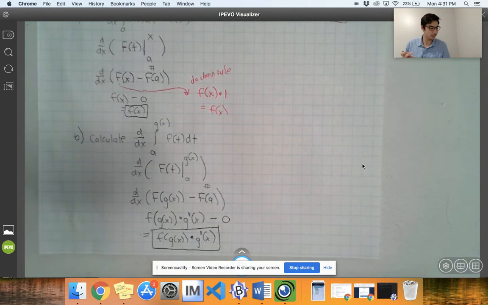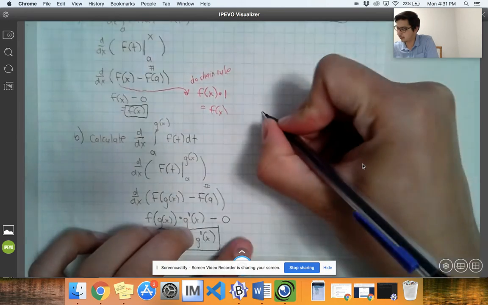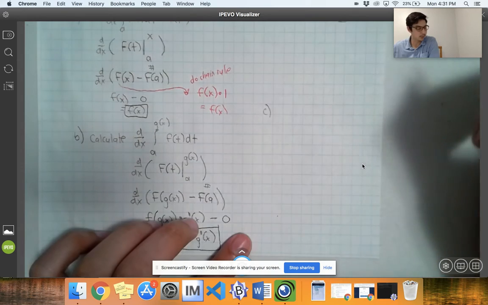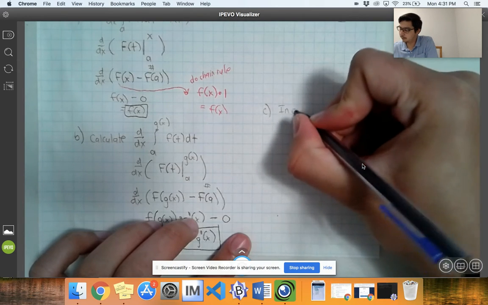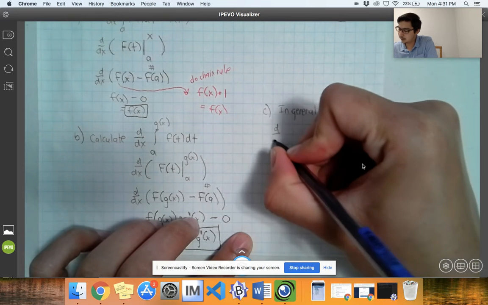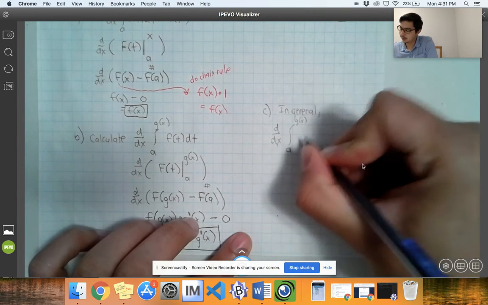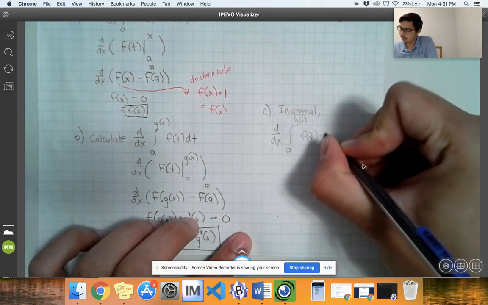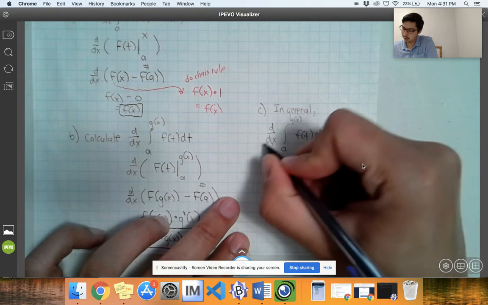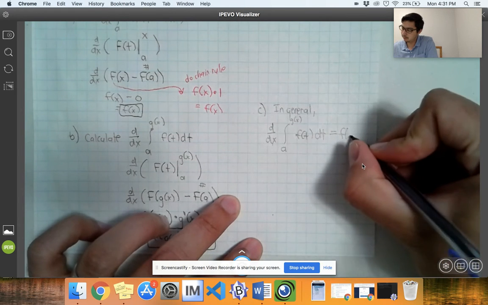All right. So in general, I think part C, and then I'm going to show you 2 examples and wrap this up. Part C was saying, in general, if you have d dx from some constant to some function g of x of f of t dt, well, that's going to equal the same function f, because the derivative and integral cancel each other out, but it's at g of x.